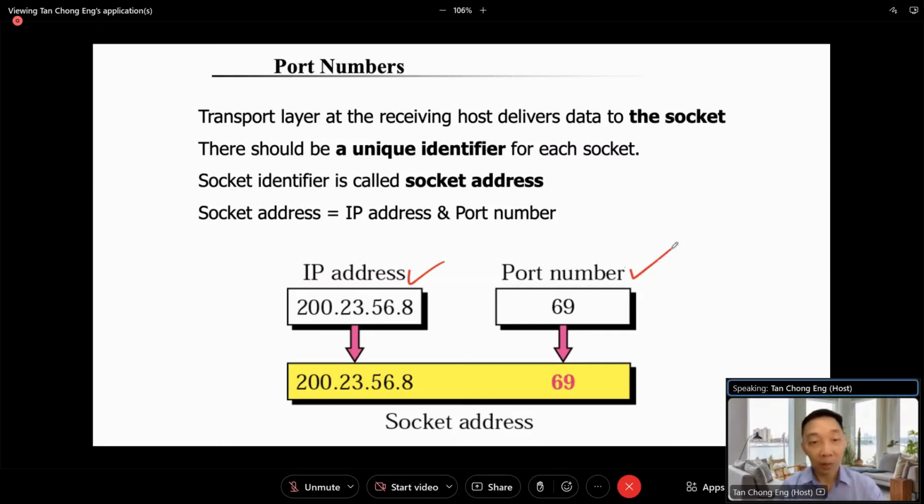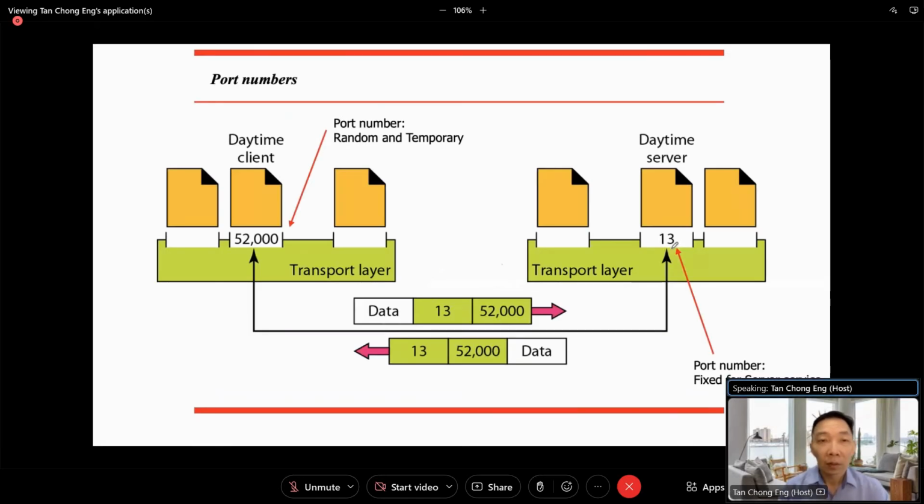Let's say, for example, the IP address of this computer is 200.23.56.8, and the service it is running is on port 69. So you can create a socket address by using the IP address and the port number. This is how they write it.